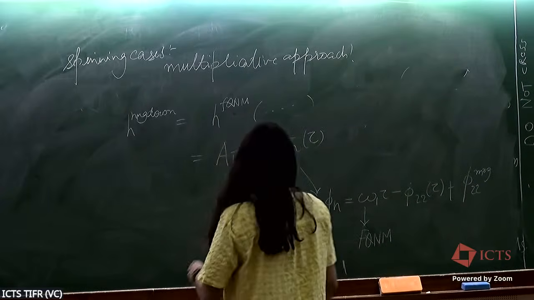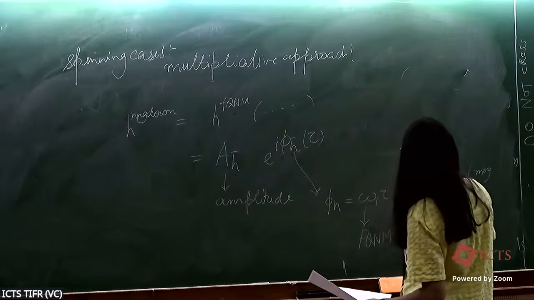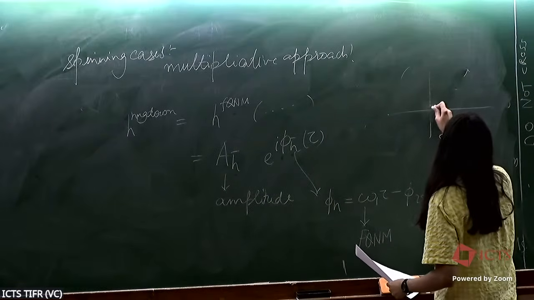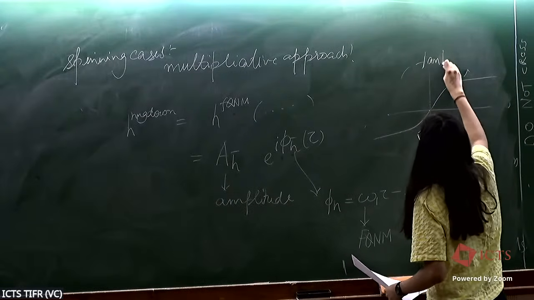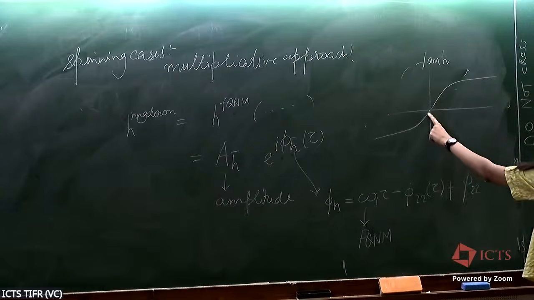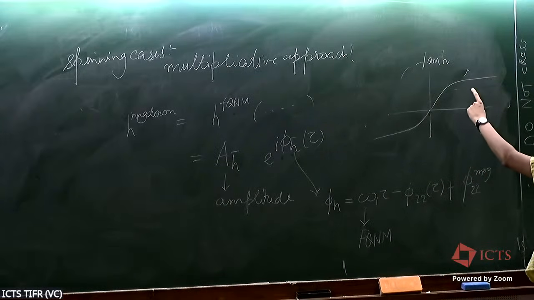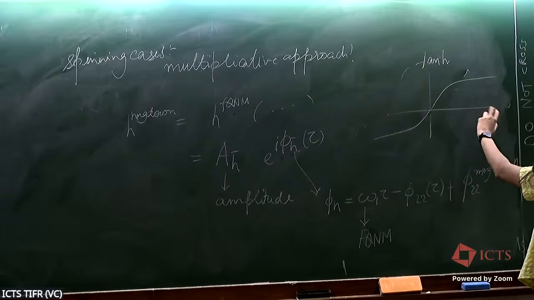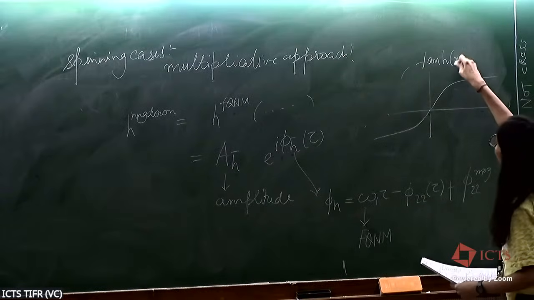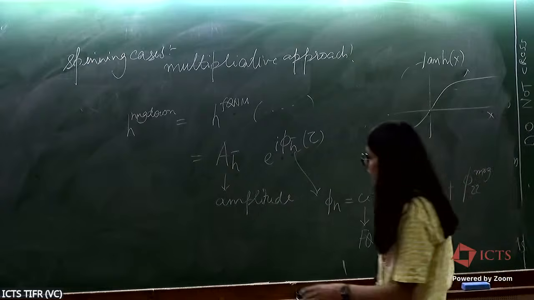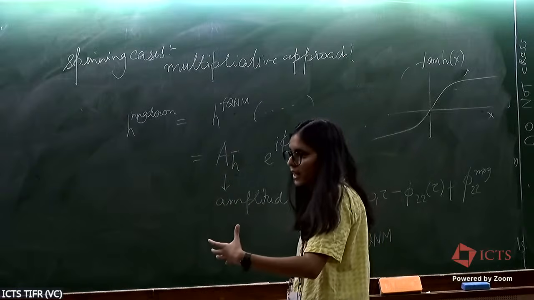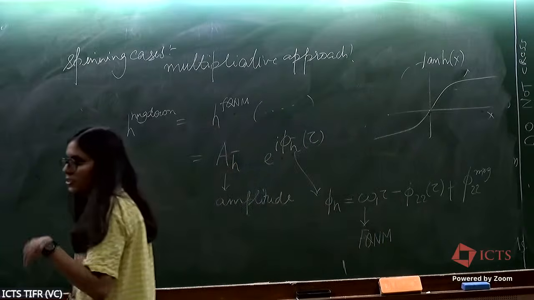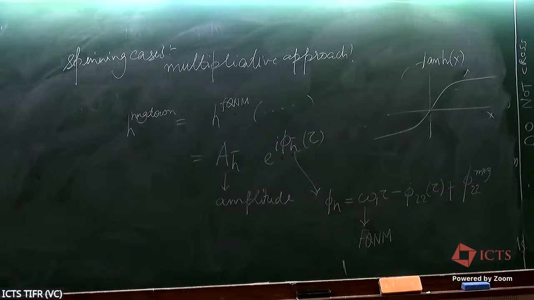The reason why we expect it to be a tanh-like function is that tanh has the property that it is 0 at x equal to 0, and then it asymptotes to some value as we go to higher x. That's the kind of structure we expected, because for the first few orders after the merger time, we expect a transition, and the quasi-normal mode will not build up instantly, but will take some time to build up.